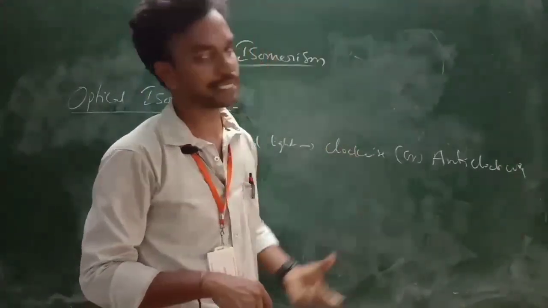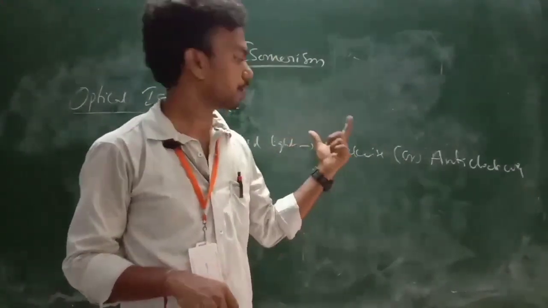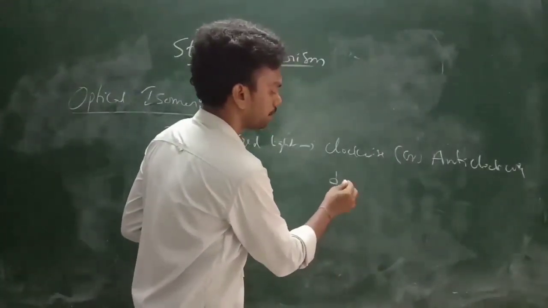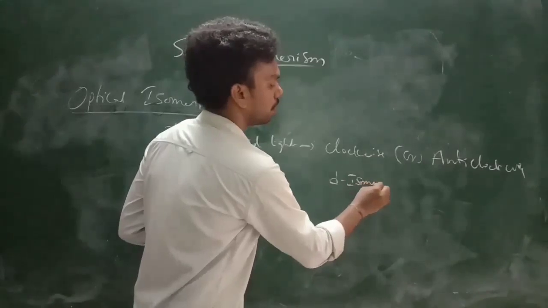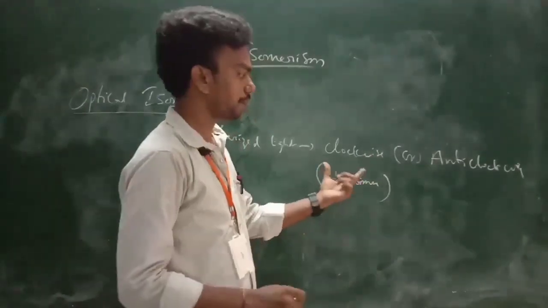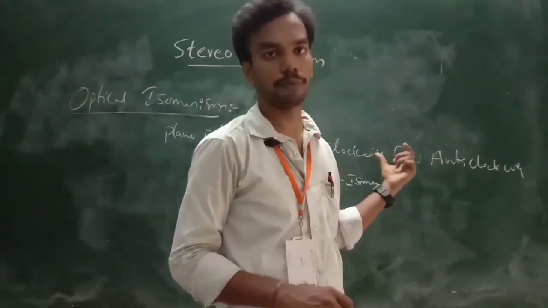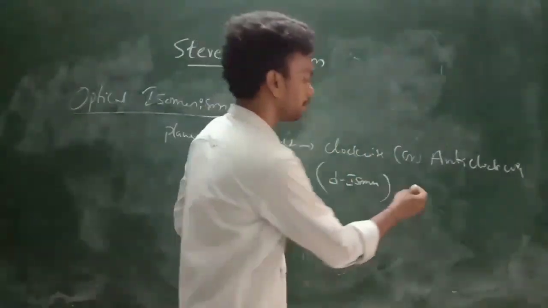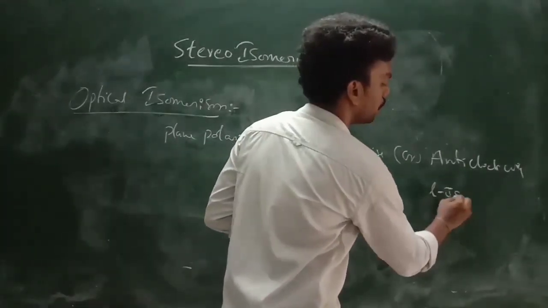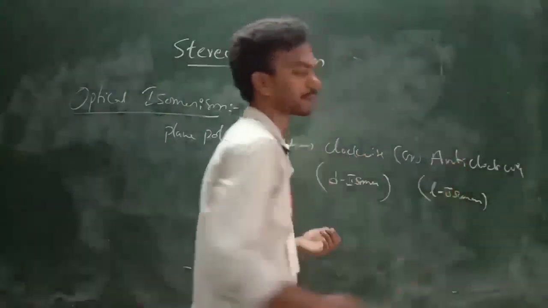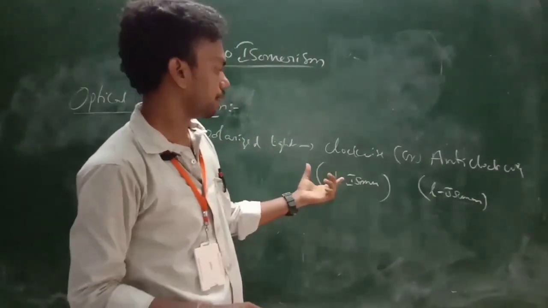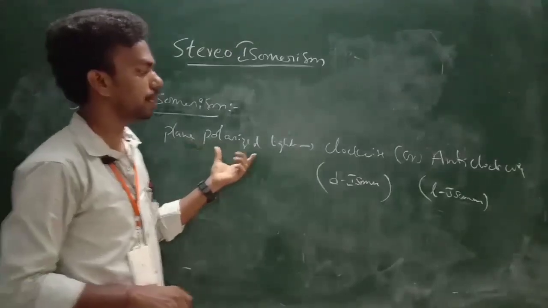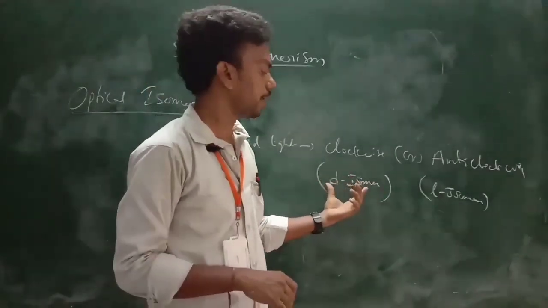If the complex rotates plane polarized light towards the clockwise direction, that is the right side, we get the D isomer.